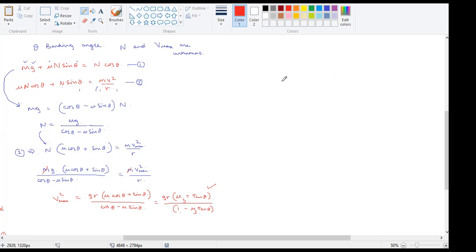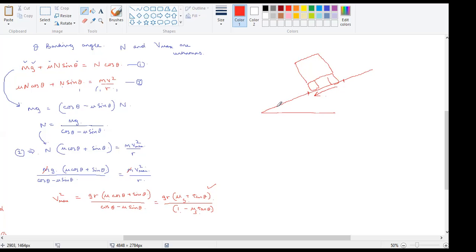I think the explanation could be something like this. When you are seeing the car from here, if you see the forward direction, then I should consider mu kinetic. But then we are talking about the friction acting this way. So is the car sliding down the slope, or is it staying at the same location, within these marks?